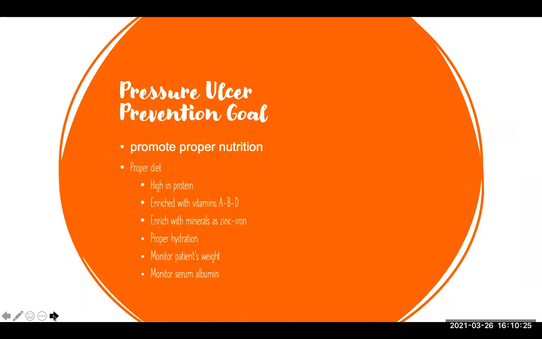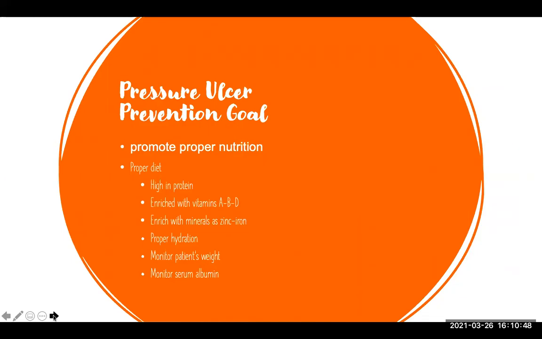Proper hydration is important to ensure perfusion, and body weight must be assessed for ideal body weight. We don't want them to be overweight or underweight. And then their serum albumin level. The serum albumin level, again, is a good measure of malnutrition or nutritional status.